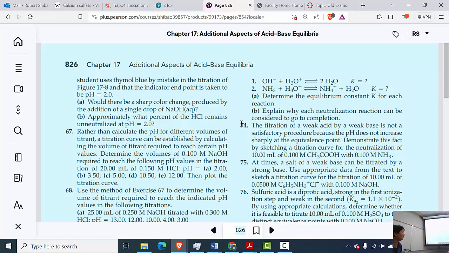Here, number 74. Do you remember talking about this one yesterday? Or actually day before yesterday?